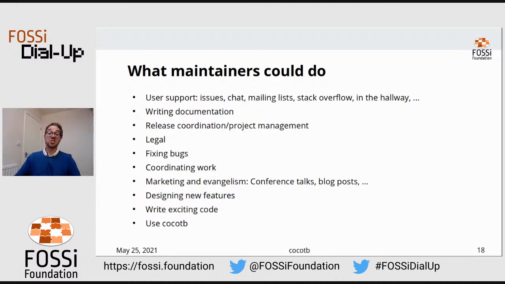So that's something that needs to get done. Coordinating work. If you don't want to do it all yourself, you need to find somebody else to do it. And if two people want to work on a similar feature, you need to form a consensus, potentially, or help form a consensus. There is the aspect of marketing and evangelism: giving talks, writing blog posts, tweeting about your stuff.